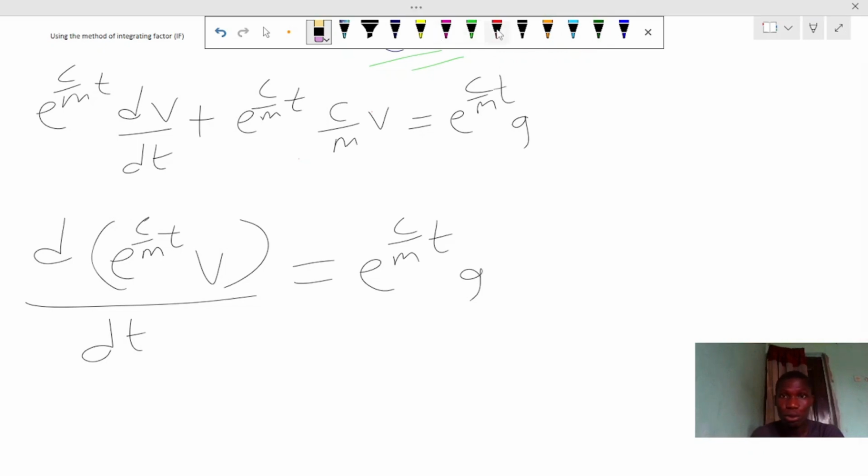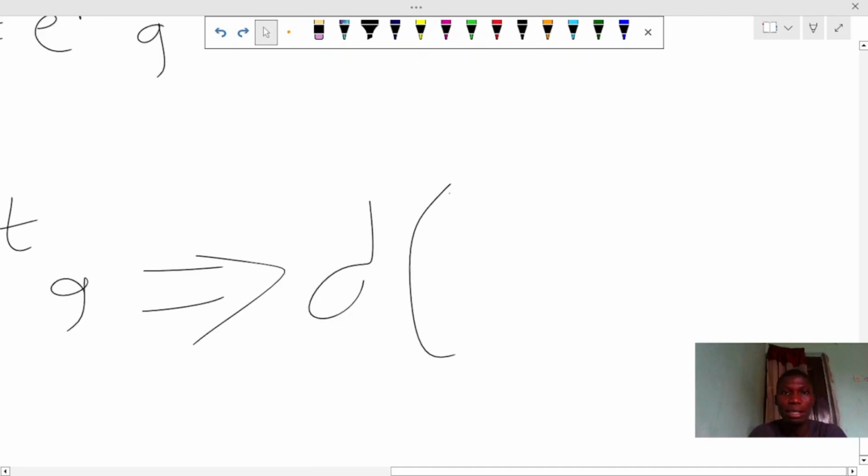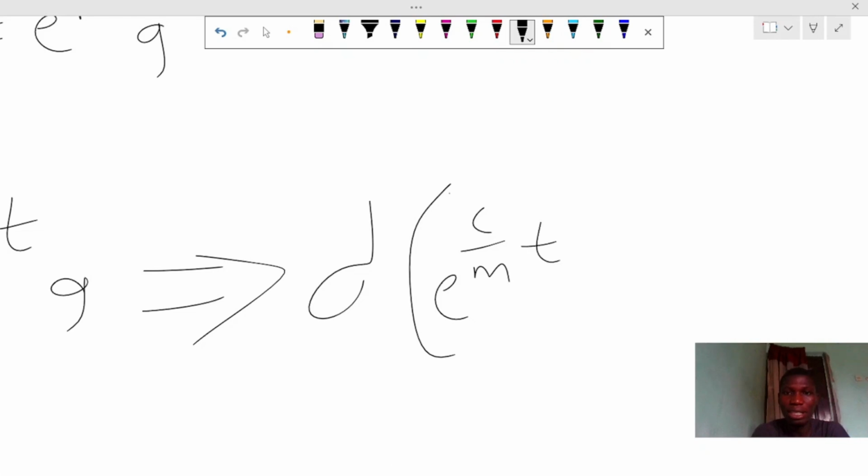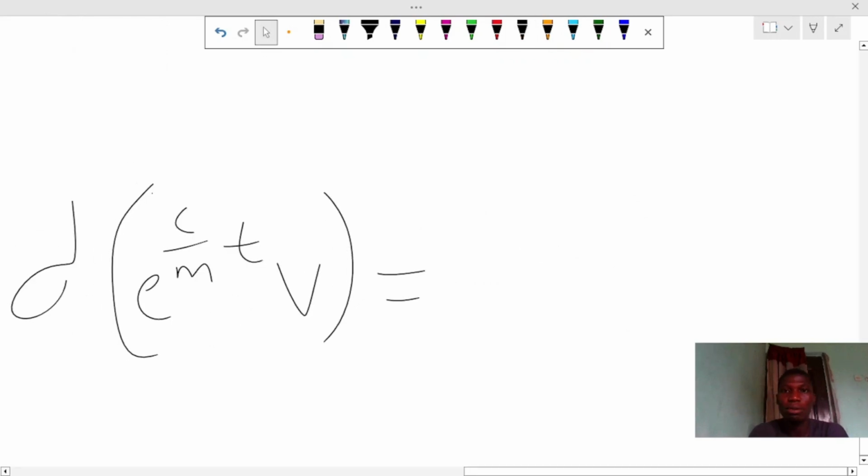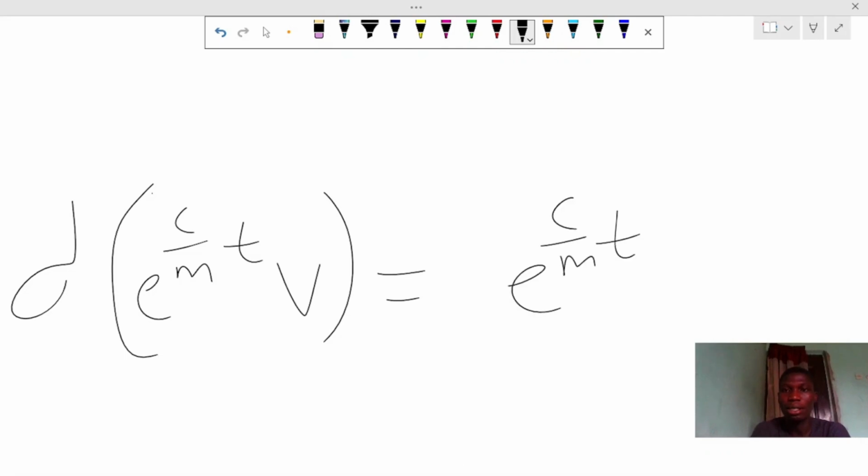So if we do that, we'll have e to the power of c over m t, and you have v here, equals e to the power of c over m t, and you have g here, then you now have dt this time.